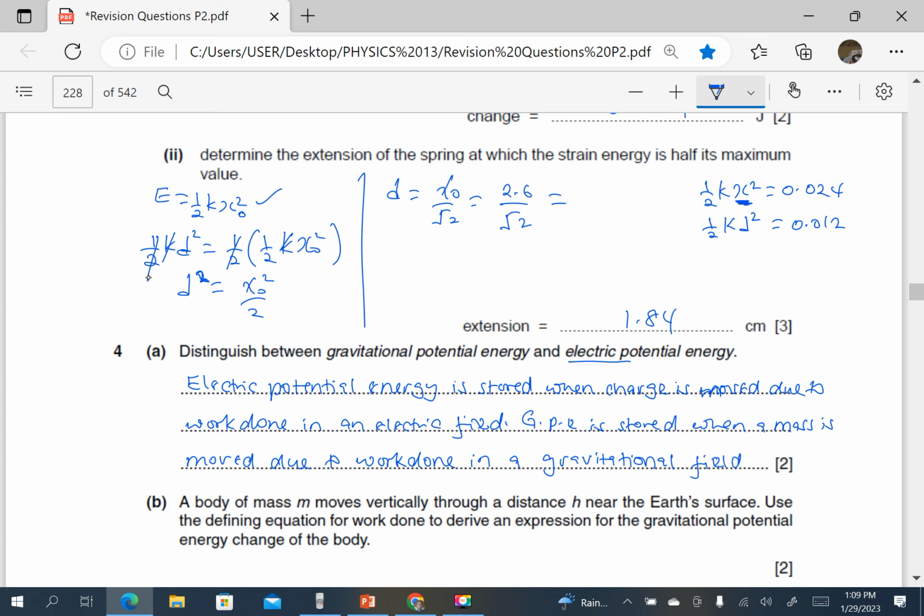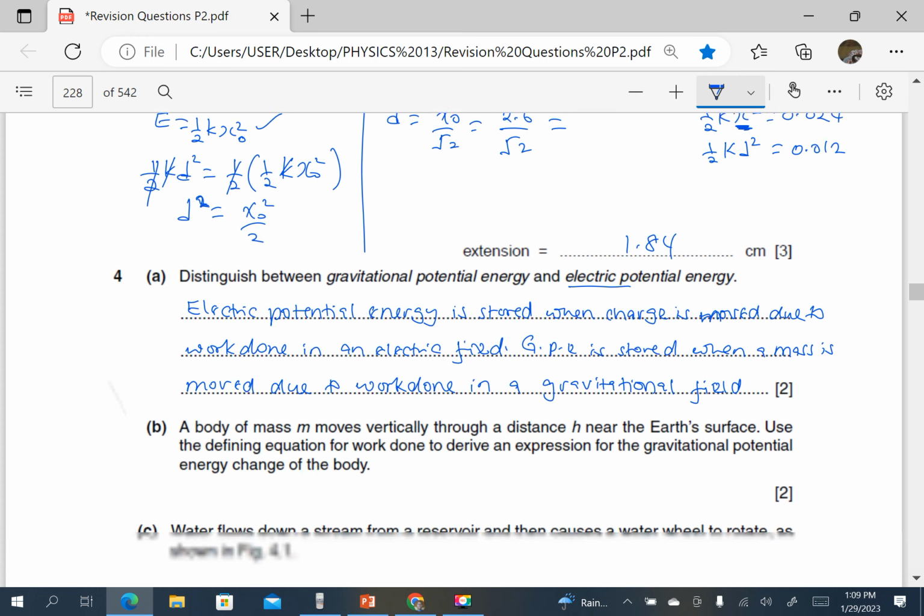So that is the difference. For gravitational potential energy, it is a mass which is moved due to work done in a gravitational field. For electric potential energy, it is a charge due to work done in an electric field.